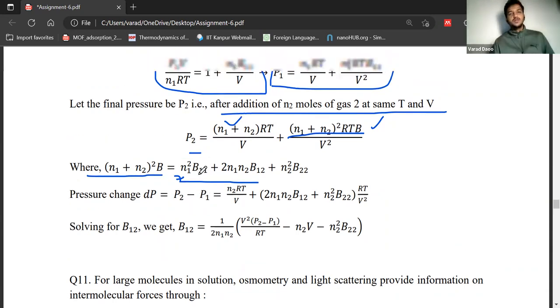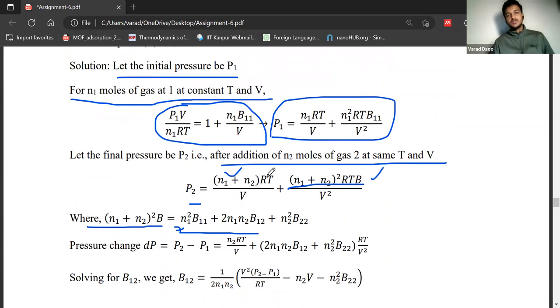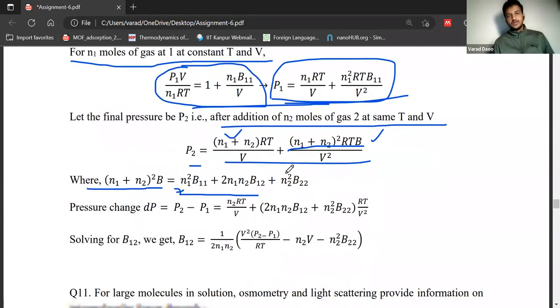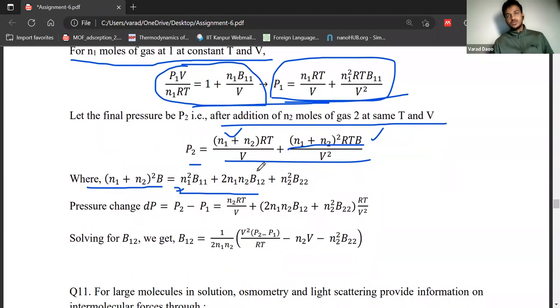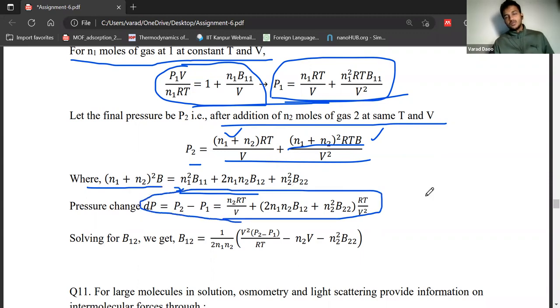So the pressure change is P2 minus P1, so this term minus this term. When you do the rearrangement and solve, we get N2 RT by V, into 2 times N1 N2 into B12 plus N2 square B22, into (RT by V) square. So when we solve for B12, what we get is B12 is nothing but this.